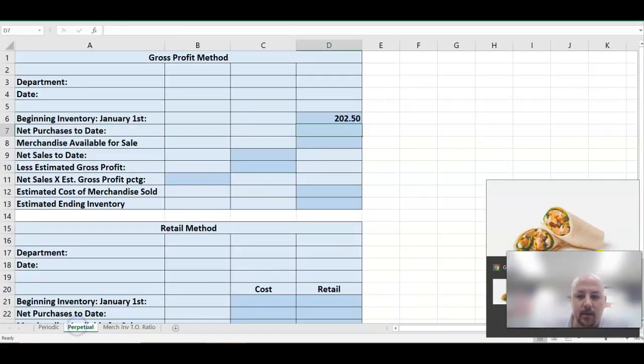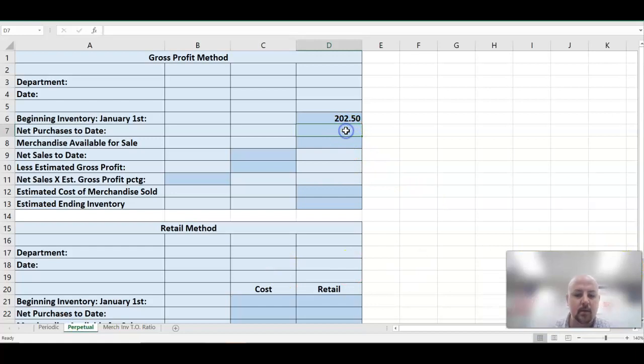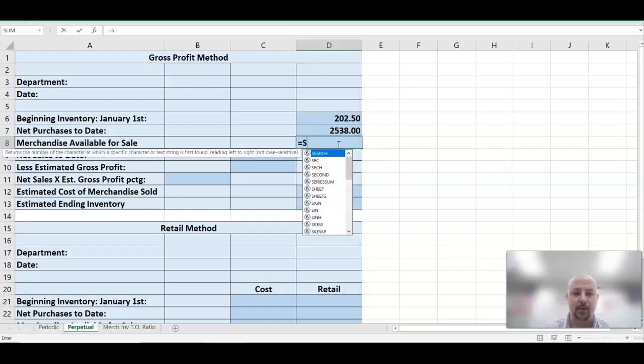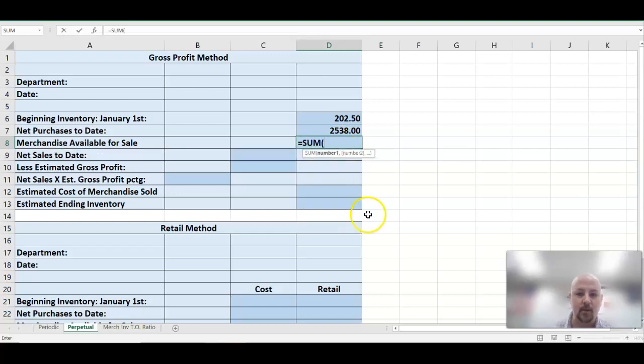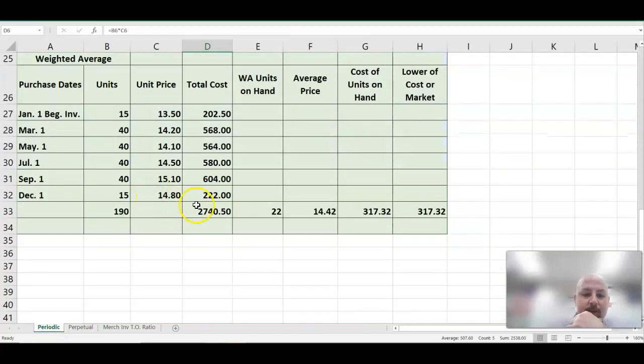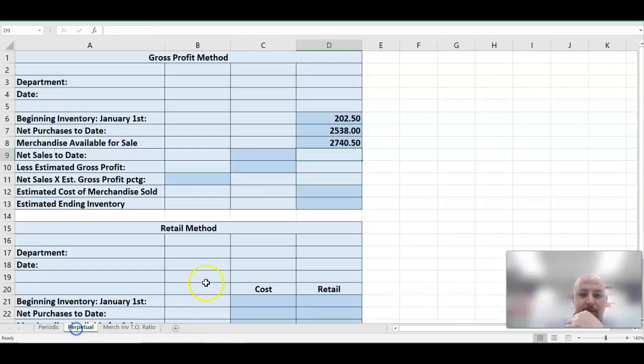Let's put that in there. Okay. Adding up total merchandise available for sale over the course of the year, $2,740.50. That should look familiar because that's what we found down here.